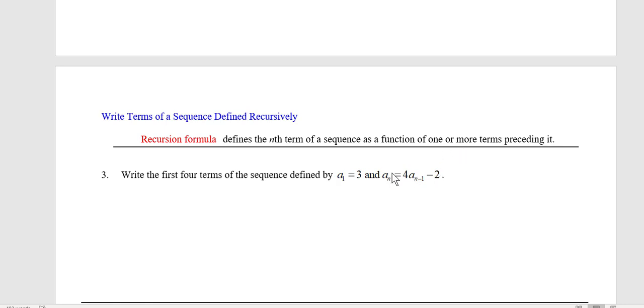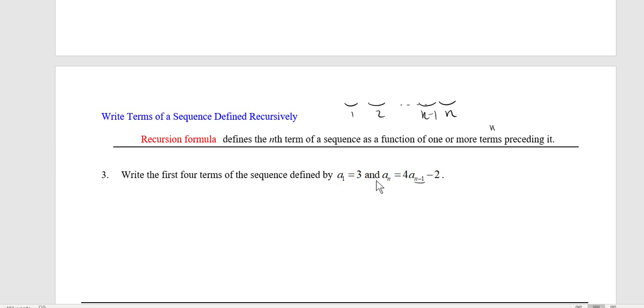So if this guy, an, is in the nth position in line, let's kind of draw this out. First position, second position, somewhere out here, n is some unspecified value, but it's some number. Well, the n minus 1 would be just the position just before that.